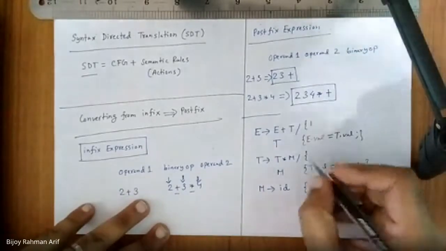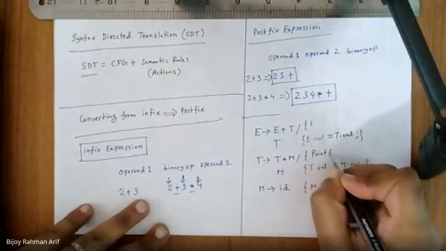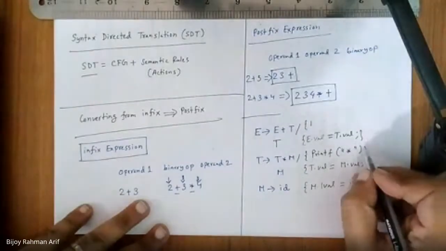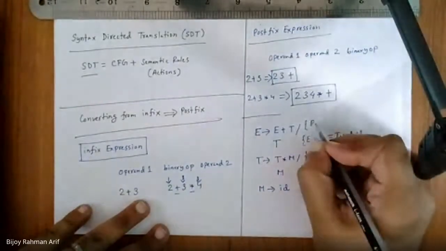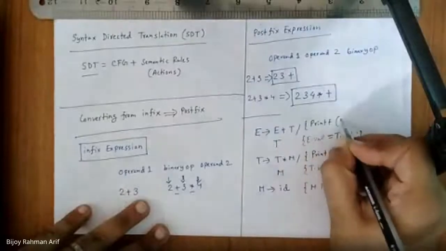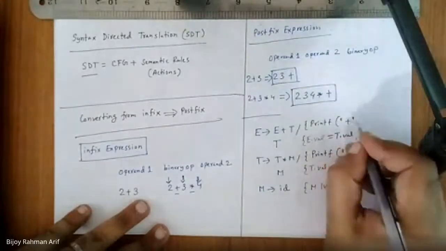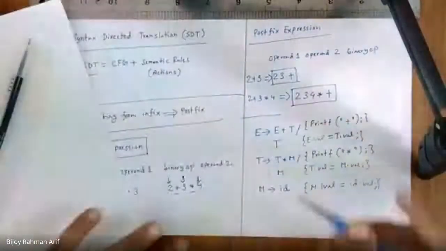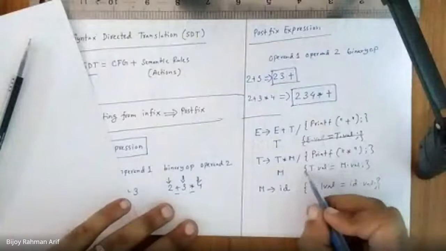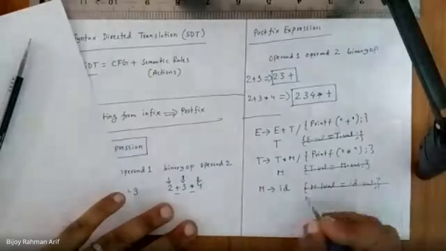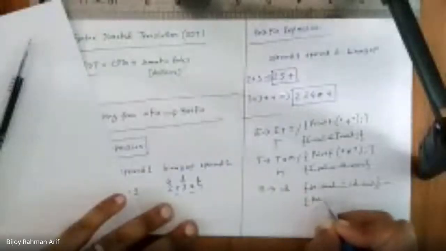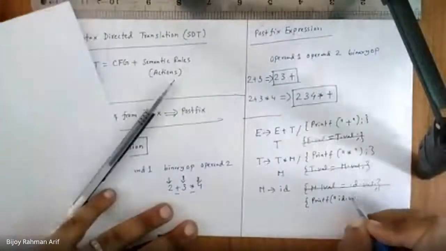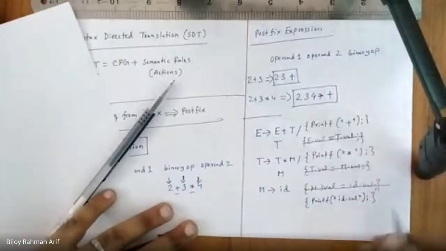We are going to just simply write printf star, printf plus. You don't even need this one. I think I don't need these classes. So just simply write this: printf id dot one. That is more than enough.